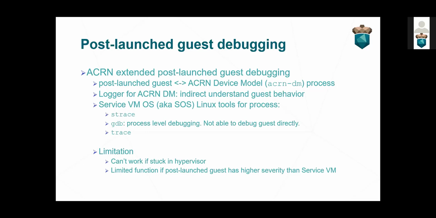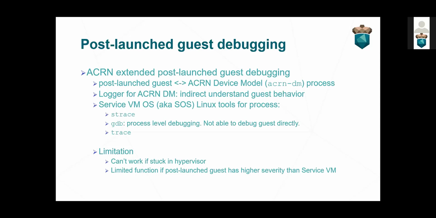If you use QEMU plus GDB to debug the guest, you could print out the guest status right from the GDB connected to the QEMU. But in our case, we don't support that level of debugging, even for the post-launch guest.